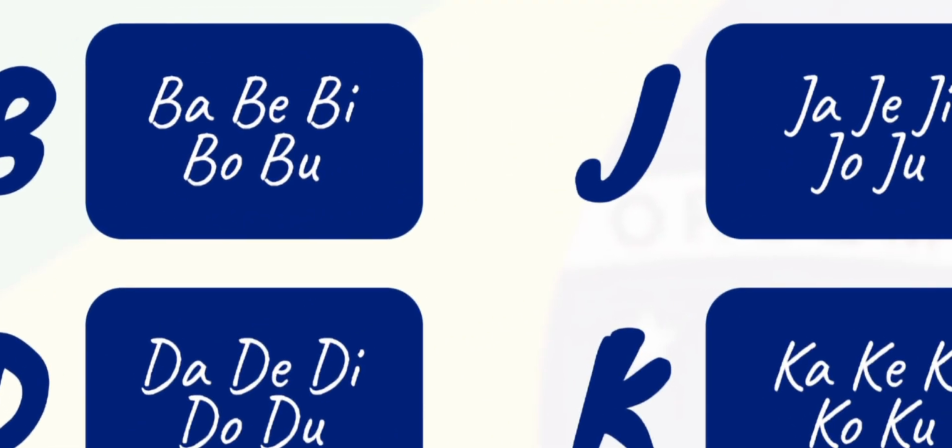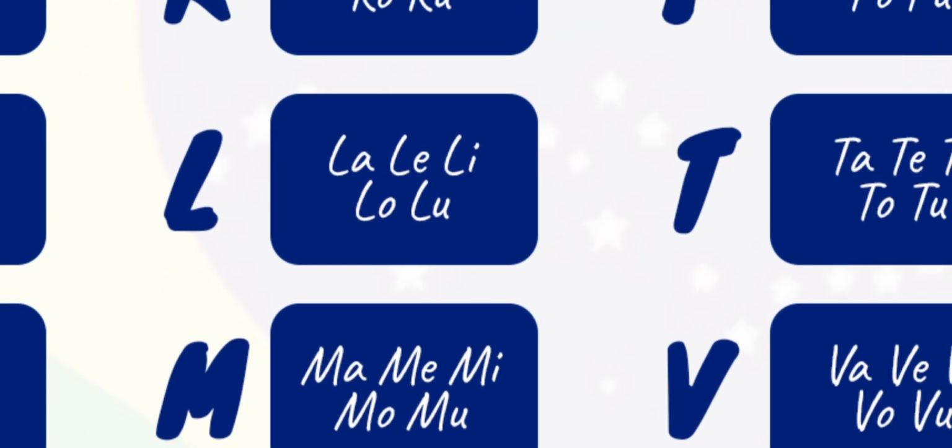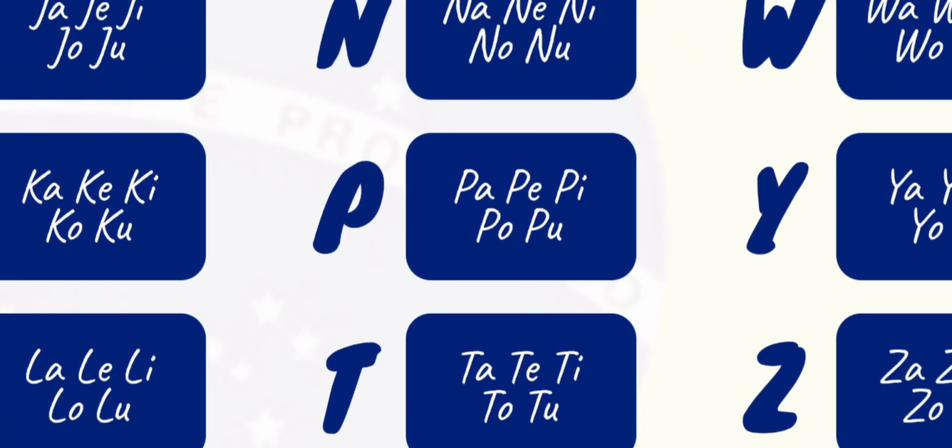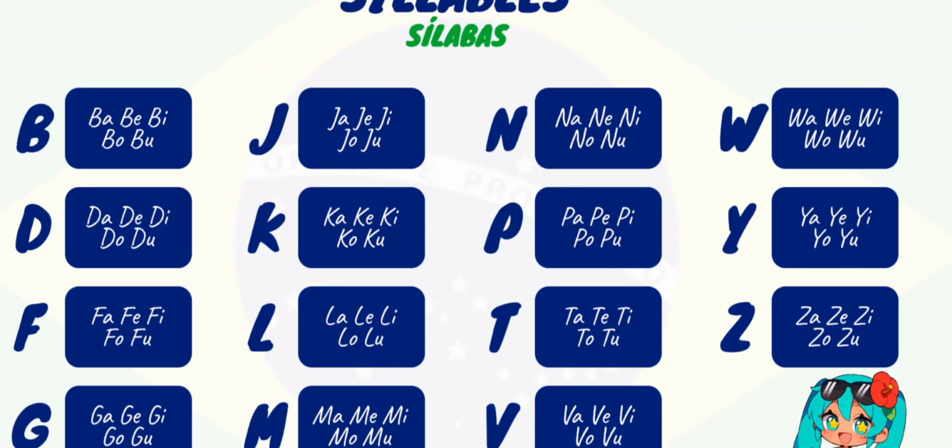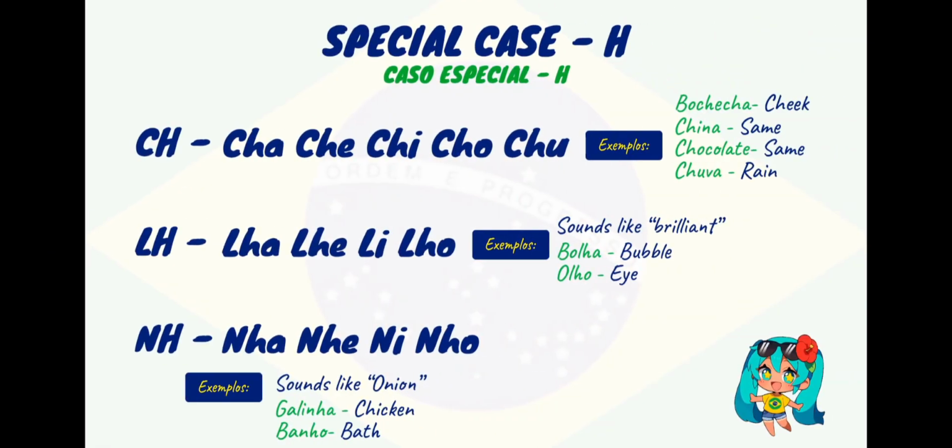You will search one word for each of the syllables. One word that starts with ba, one that starts with be, one that starts with bi, and similar. Then we have L, one of the la, one of the le, one of li, and with P, similar. One with pa, one with pe, one with pi. Okay, and you will comment and I will correct. And if you had any doubt about this process, I will answer in the comments.